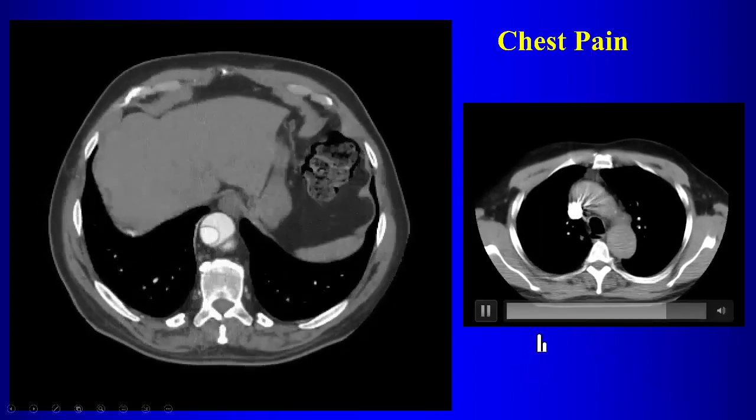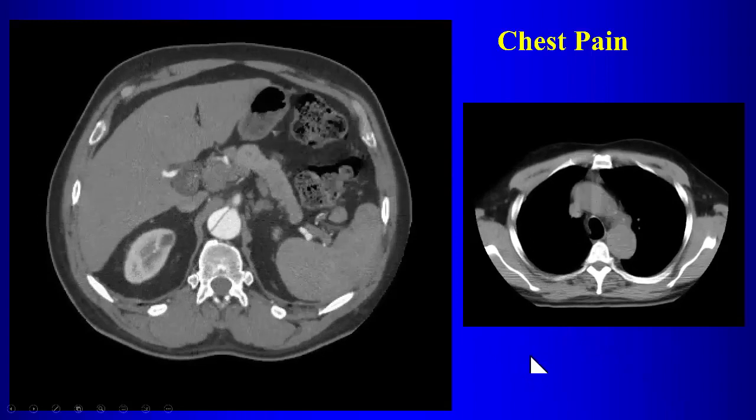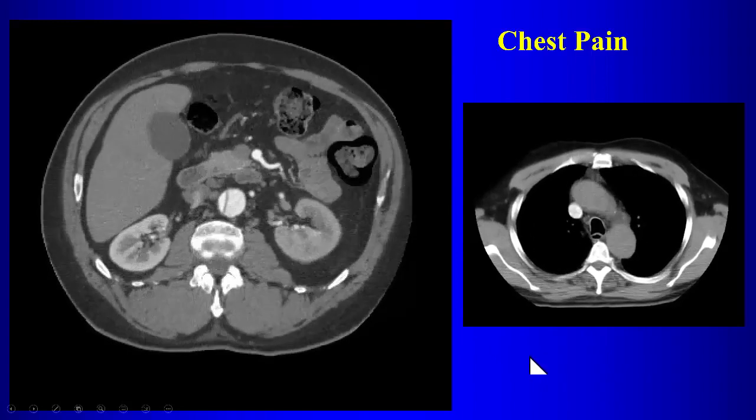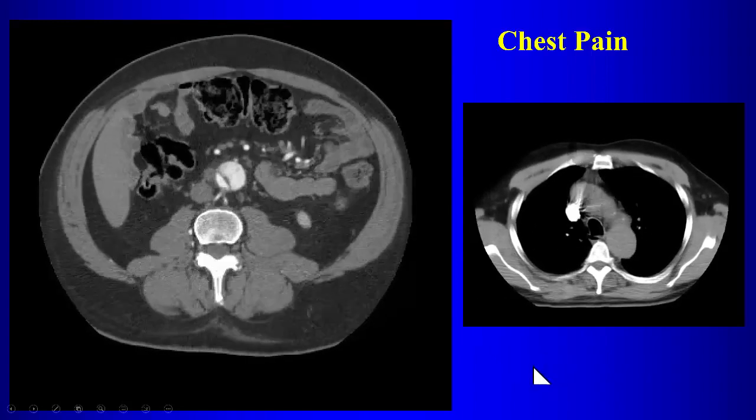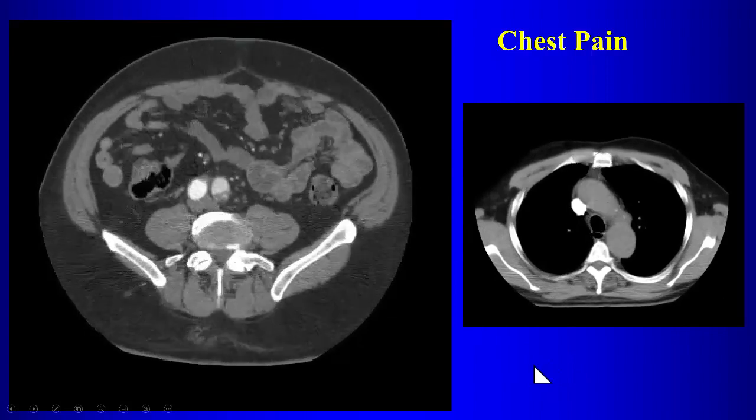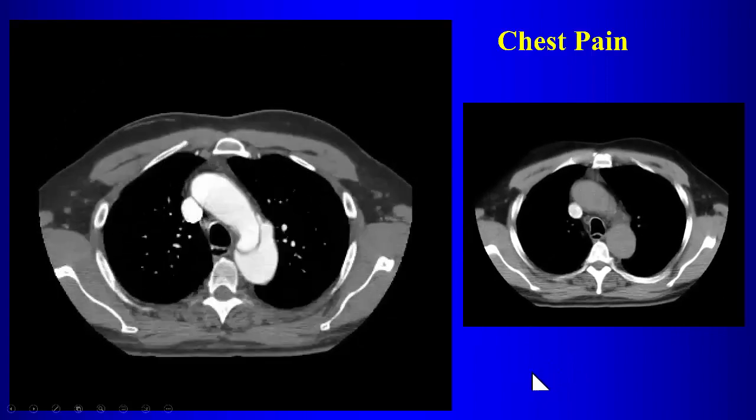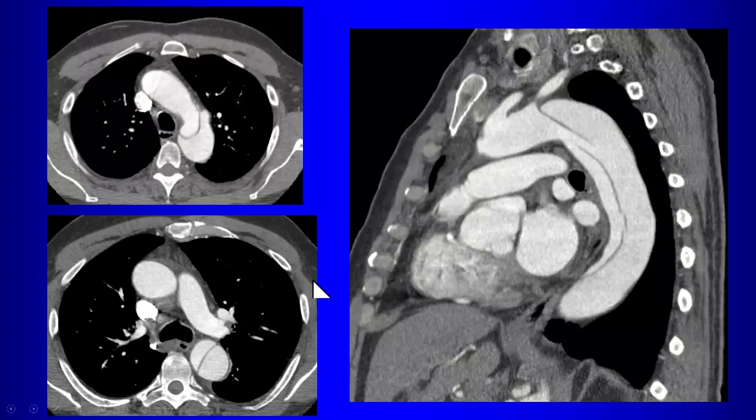So this is called smart prep with GE. Other vendors have different names for it, but the way it's done is dynamically at one particular location until the contrast arrives.